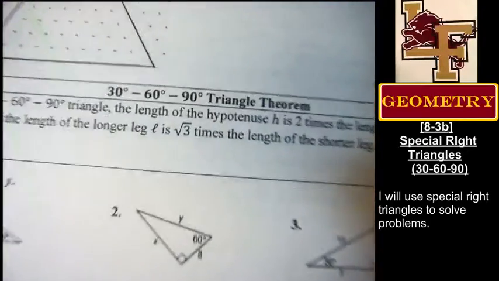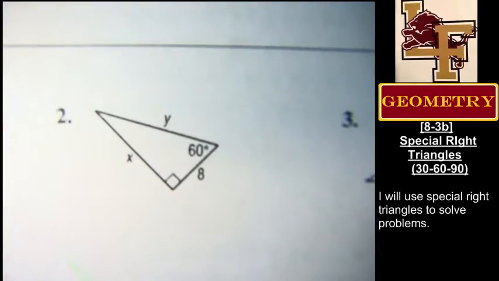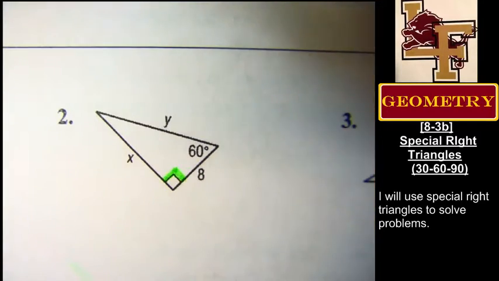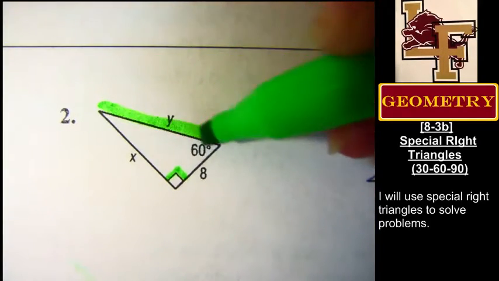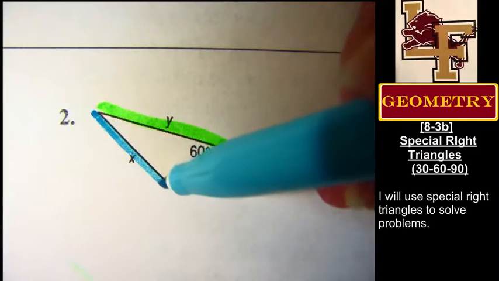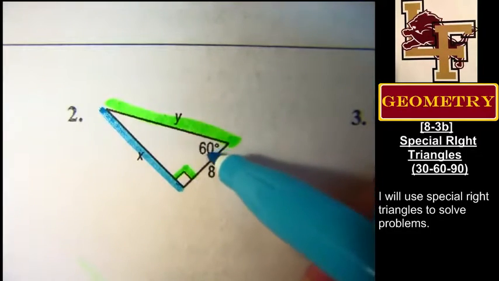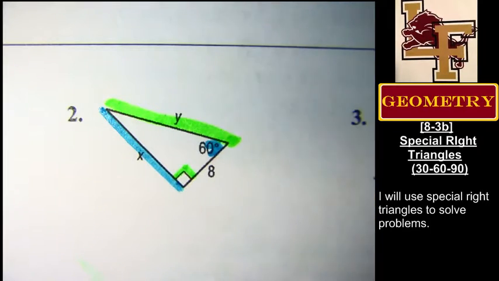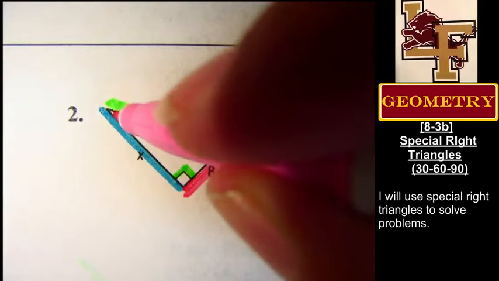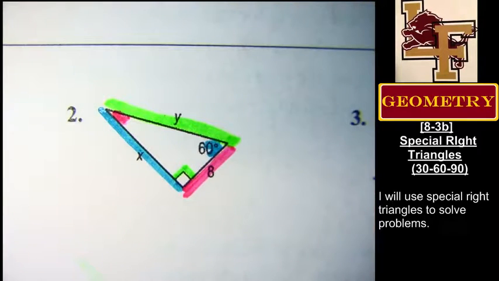Let's look at number 2. All right, here's our triangle. We have a right angle that makes this the hypotenuse, that makes this the altitude because it's across from the 60, and that makes this the short side because it's across from the tiny little angle.